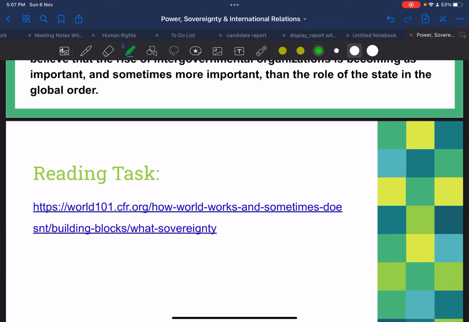Okay, so this last slide of sovereignty is a reading task. You will be able to see this reading task in the speaker's notes, all the tasks which I'm going to distribute in the class. You have to open this site. I understand completely some of those biases of World 101. However, we still go ahead with the formation of the groups and discussing some of the important topics.